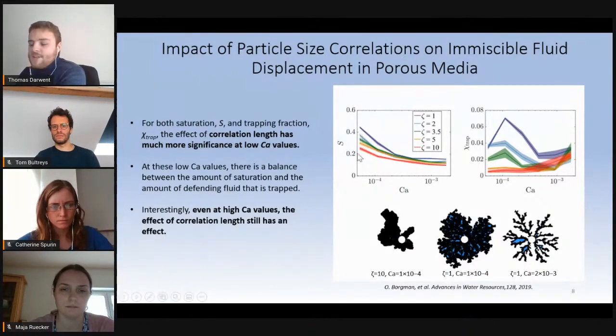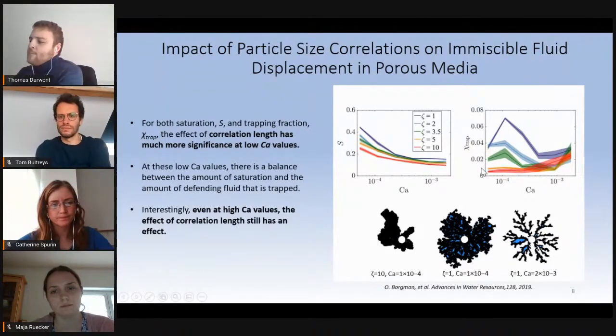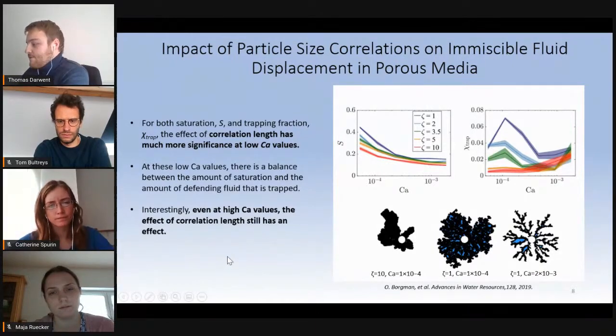But there's also a balance in that at the low correlation length, you invade more area, but you also leave more trapped fluid behind. And then this is reduced again for higher correlation length. But what was actually surprising with this project is that even in the high capillary regime, where viscous fingers dominate the kind of invasion pattern you see, correlation length still has an effect at this point, even though it's less significant. If you want to know more about this project, there is a paper currently published on this.